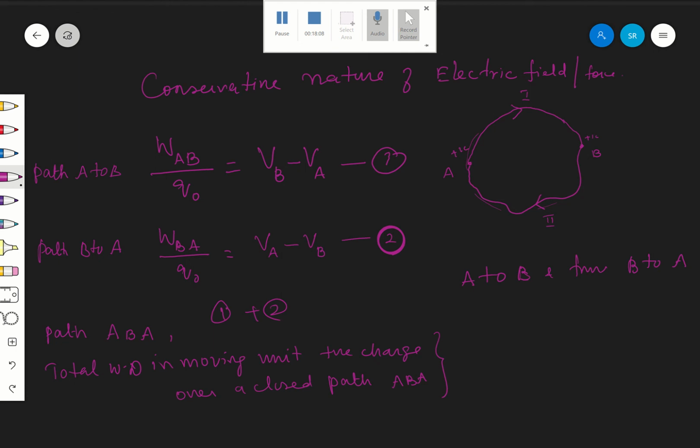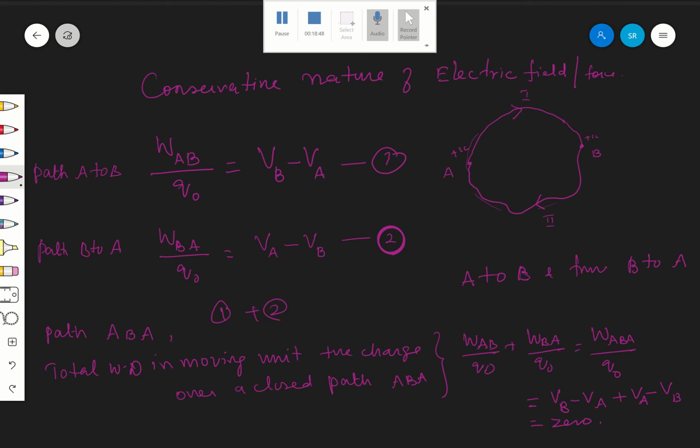That is nothing but W_AB by Q naught plus W_BA by Q naught. That gives you the total work done over the closed path, W_ABA by Q naught. And that is nothing but V_B minus V_A plus V_A minus V_B, and that is equal to 0.